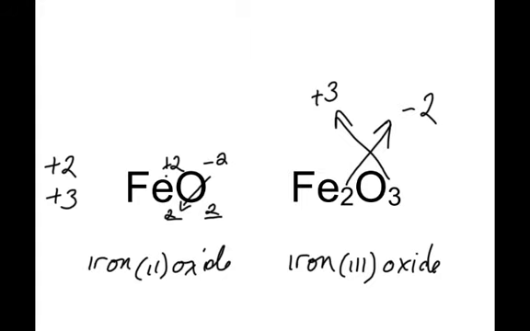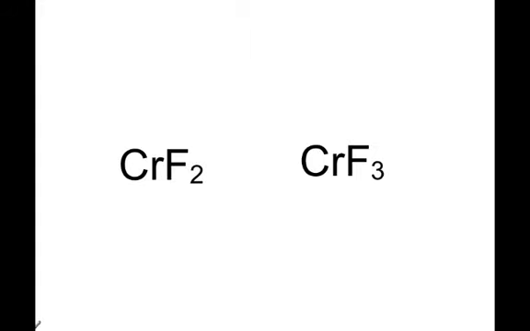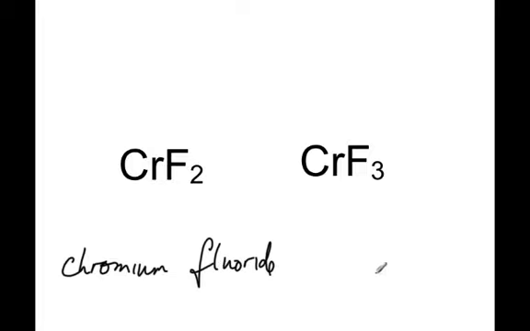One last example and then we'll do some practice. Here I've got chromium fluoride. Chromium, if I go back to my periodic table, I see can have a charge of +2, +3, or +6. This gets a bit complex. For our purposes, we'll be focusing on these two.